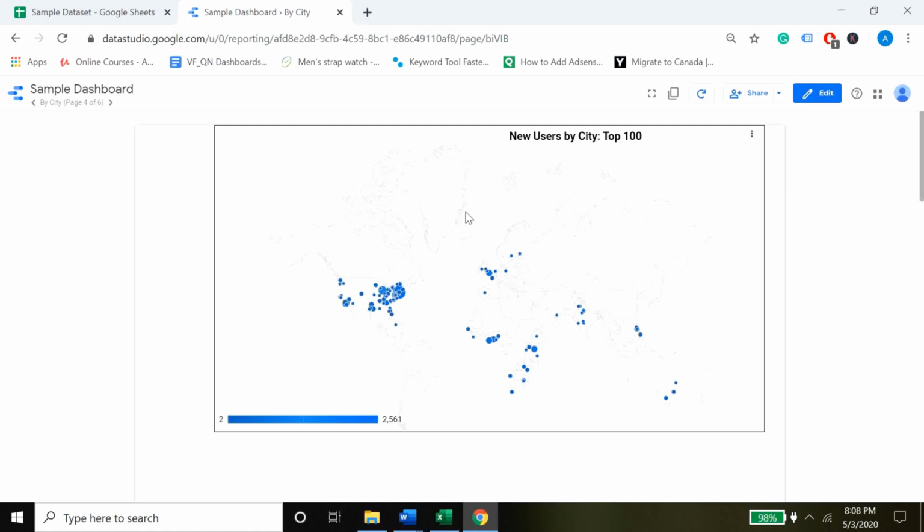In this next page, I've selected city and created another geochart. That geochart is telling us where in the city those sessions were coming in from. Clearly you can see there's a big cluster over the United States, on the east side, where most of the sessions are coming in from.